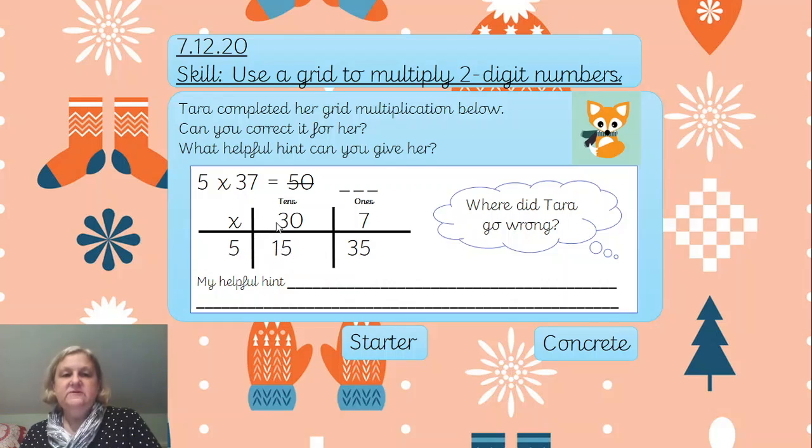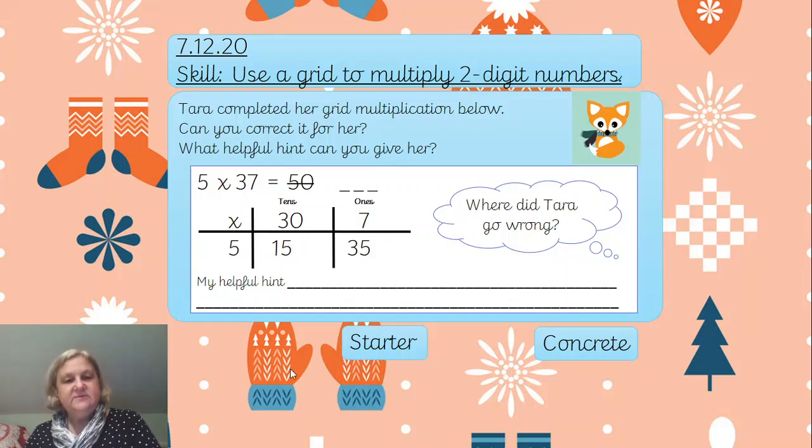Because we know we can do 5 times 3, we can use that information to get our tens correct, but she hasn't actually done that here. She's forgotten to move those digits to the left in our place value grid and add a 0 to hold the place value. So that's the mistake that she's made. This should be 150. 5 times 7 is correct, so the final answer should be 185, and that's the answer that we'd put in there.